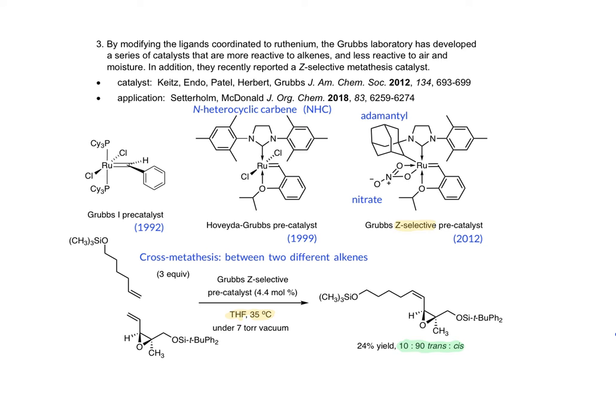The rotary evaporator, under approximately 7 torr of vacuum, gave us the best cis selectivity. In class, I'll ask, how do you think that running this reaction with 7 torr vacuum, which is about 1/100th of an atmosphere of pressure, can help this reaction?